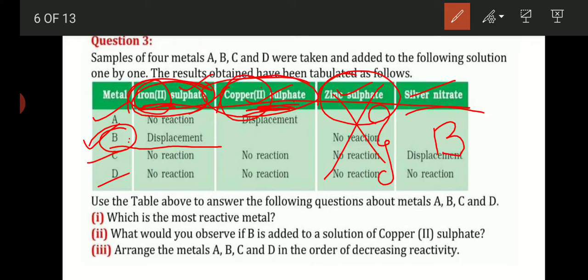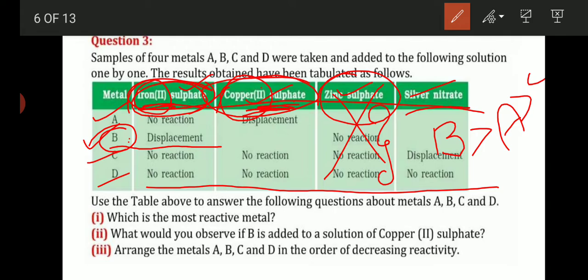Silver is a least reactive metal. So A comes next, okay? After B, A is the reactive metal, and then C. Why? Because D has no reaction at all. There is no reaction when you add D to all these solutions.